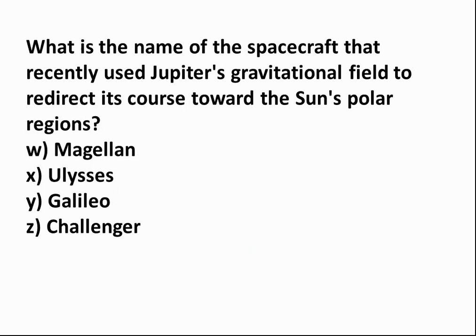What is the name of the spacecraft that recently used Jupiter's gravitational field to redirect its course toward the Sun's polar regions? W. Magellan. X. Ulysses. Y. Galileo. Z. Challenger. Answer: X. Ulysses.